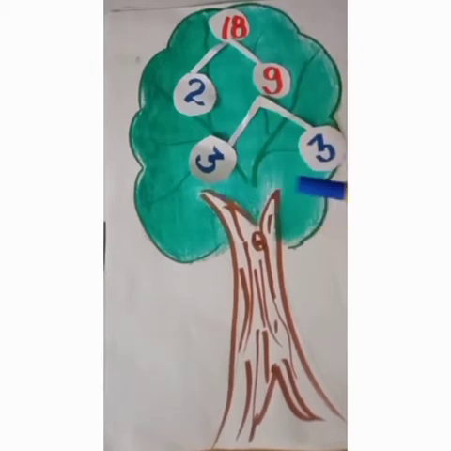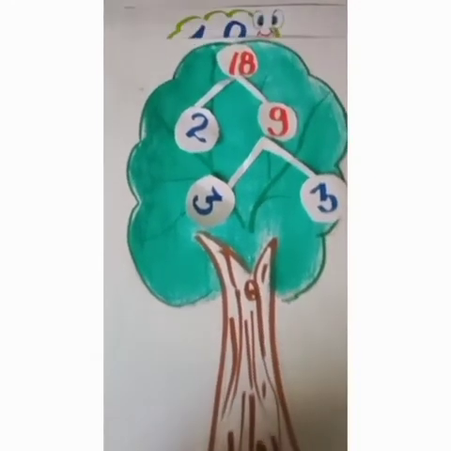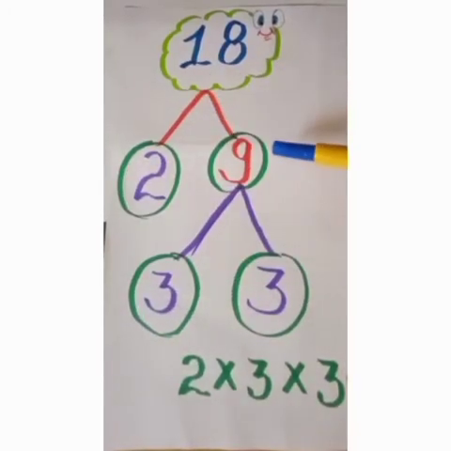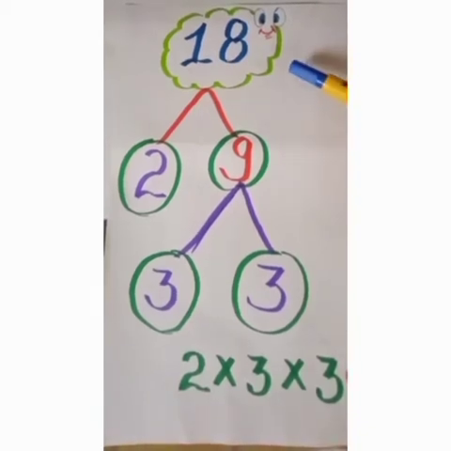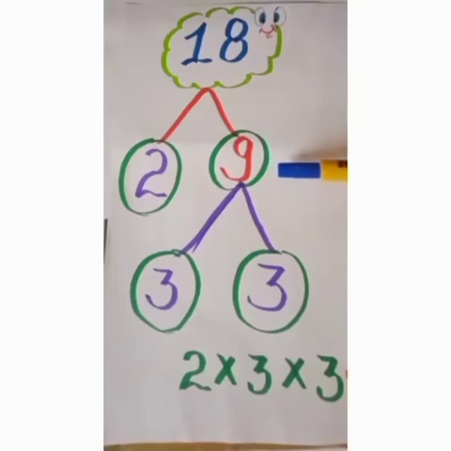Now number 18 was very happy at getting the small prime numbers. It split itself firstly into 2 and 9, where 9 was the composite number, and further split 9 into 3 and 3.